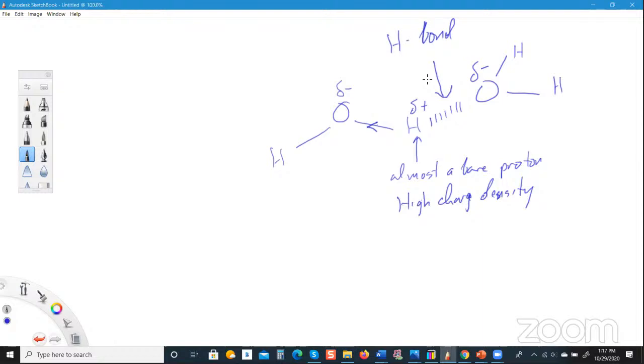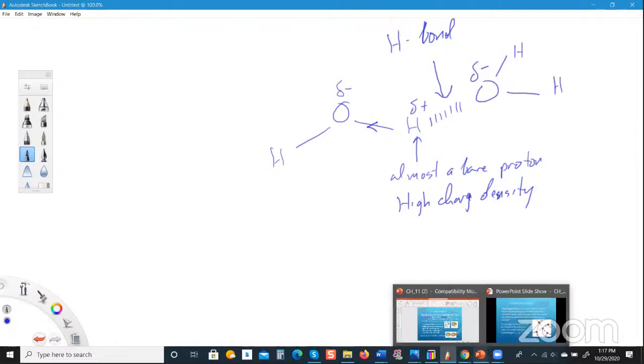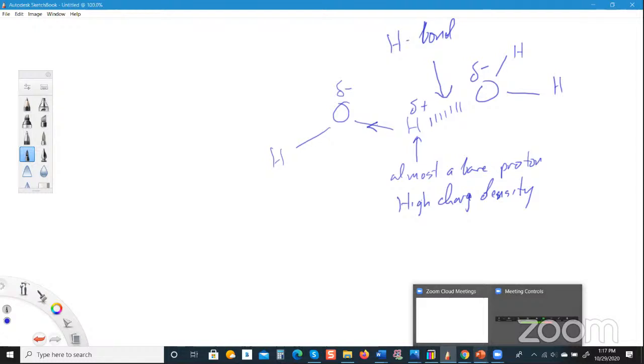The reason for that is the hydrogen here, with its electron being pulled away by the electronegative oxygen, is almost a bare proton, has a very high charge density, and therefore has a strong attraction to the oxygen from another molecule. So that's basically hydrogen bonding, which is a very important phenomenon because it imparts a lot of properties to different substances.